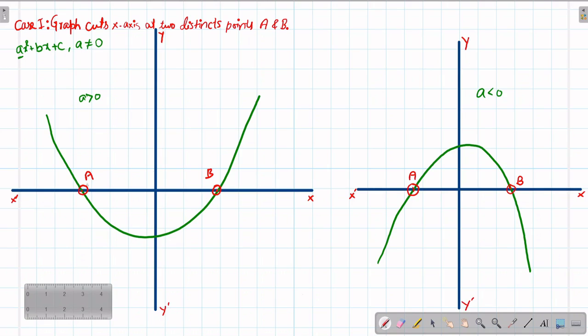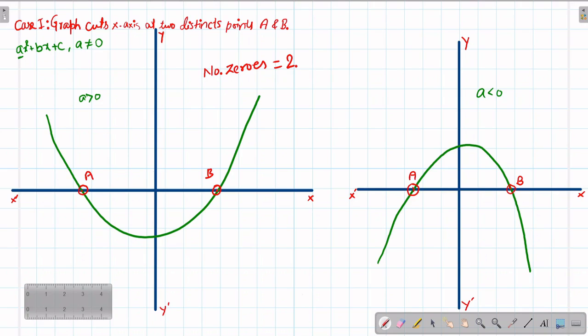What you can confirm now is that when a graph cuts the x-axis at two distinct points, then the number of zeros will be equal to 2. So this is the conclusion that you can find from this.